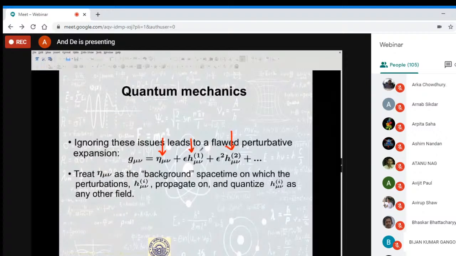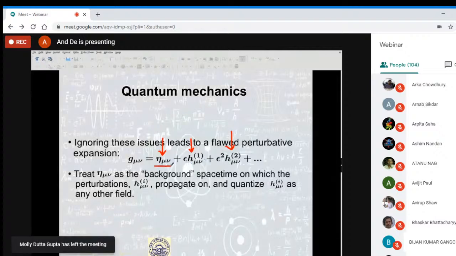And so what you get then is a theory of this field H propagating on a flat background. That's the theory that arises. You have special relativity with this H field, H1, or H1 plus H2 if you're going to higher order. But at first order, H1 is propagating on the flat space-time.